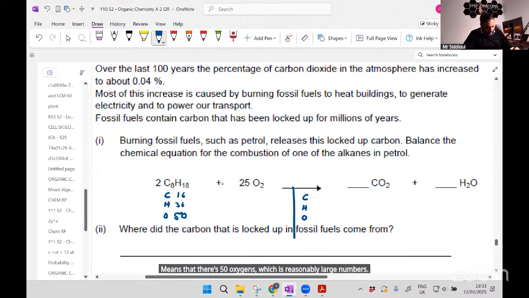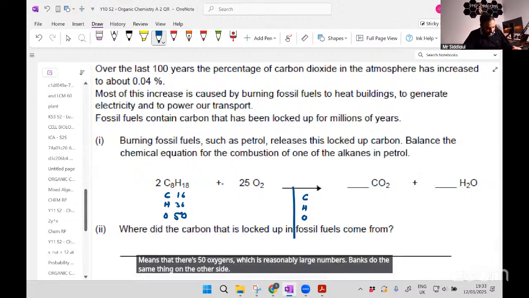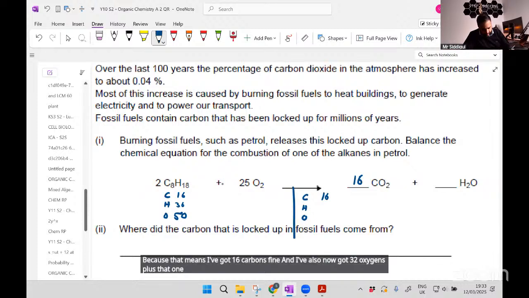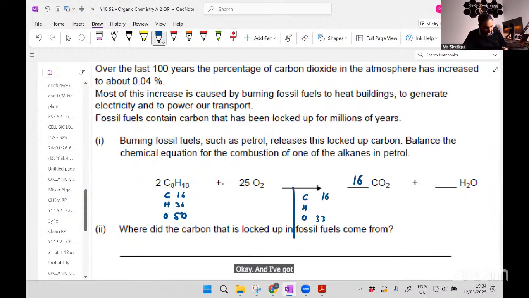I need to do the same thing on the other side. So if I want 16 carbons, I'm going to have to put a 16 over here, because that means I've got 16 carbons. Fine. And I've also now got 32 oxygens plus that one, which is 33. And I've got two hydrogens here, but I need 36 hydrogens.